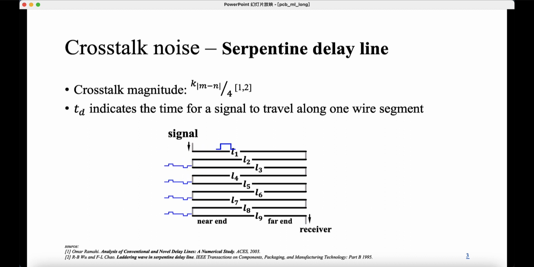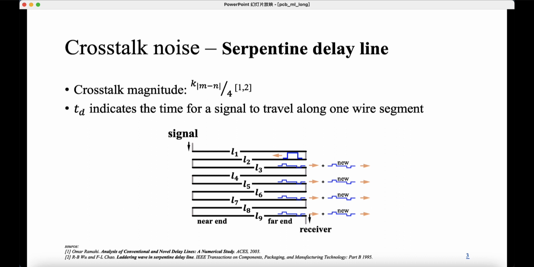As the signal propagates along L1, the crosstalk pulses propagate from L2, L4, L6, and L8 to L3, L5, L7, and L9 respectively. At time Td, the main signal and crosstalk pulses reach the respective far ends. After that, the main signal travels along L2 and induces additional rightward propagating crosstalk at the far ends of L3, L5, L7, and L9.